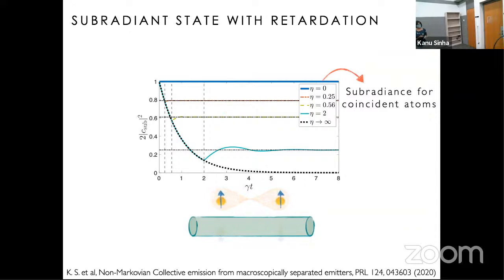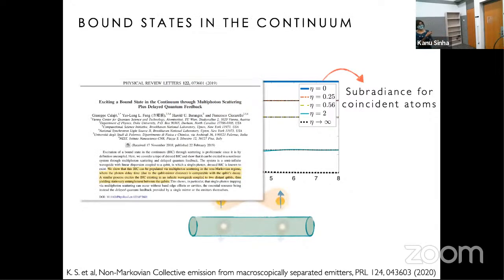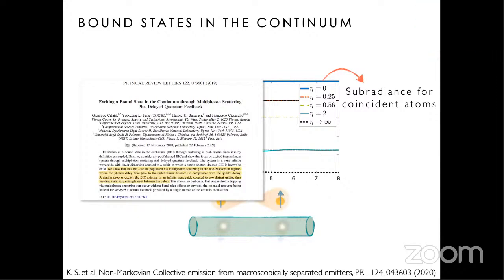This is a really interesting state, like a giant hybrid molecule of atoms and photons that's delocalized over a macroscopic distance. This is referred to as the bound state in the continuum, as was pointed out in this nice PRL.